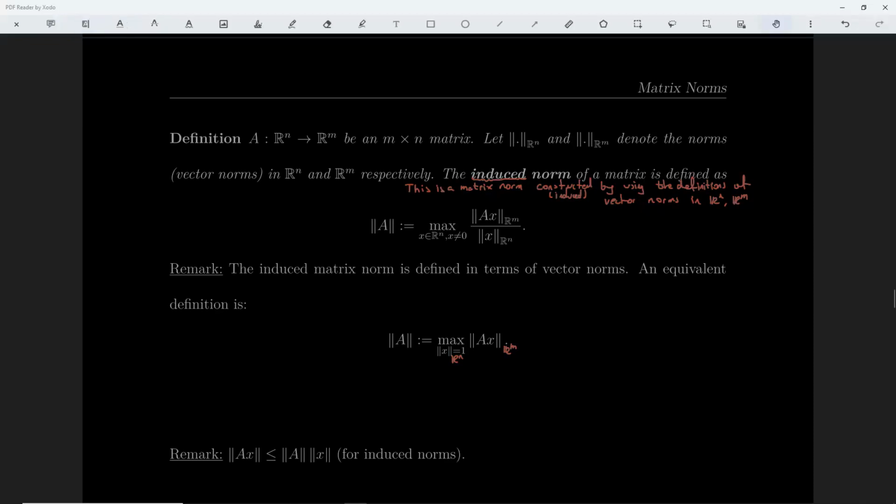Since the norm of a vector is a non-negative scalar, and if x is different than 0, it's a positive scalar, I can write that as the norm of Ax divided by the norm of x.